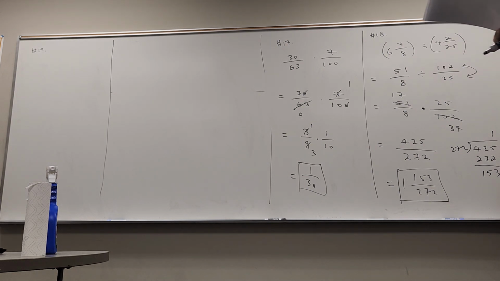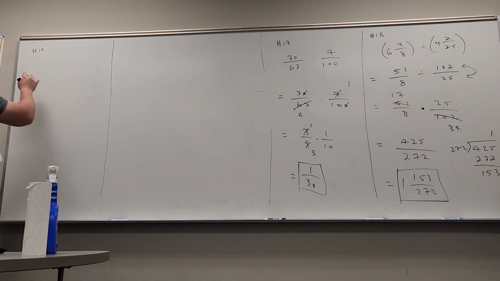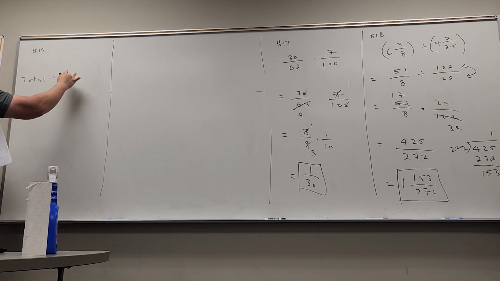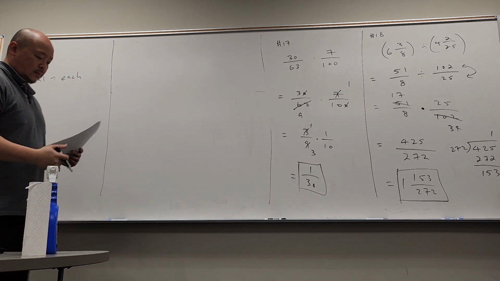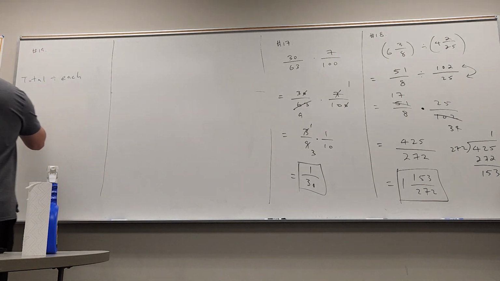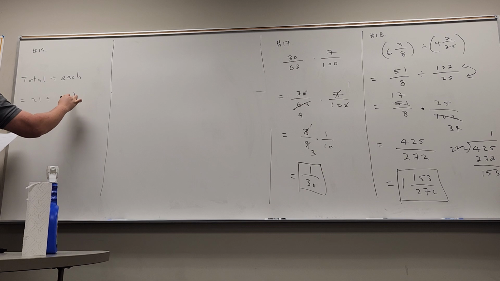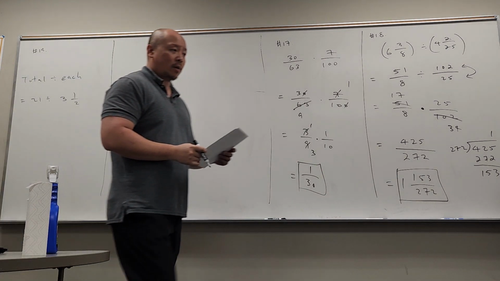How many cars can he actually detail? Well, just think about this every time. The total divided by each one. So the total hours that he works is 21 hours. So that would be 21 divided by 3.5.